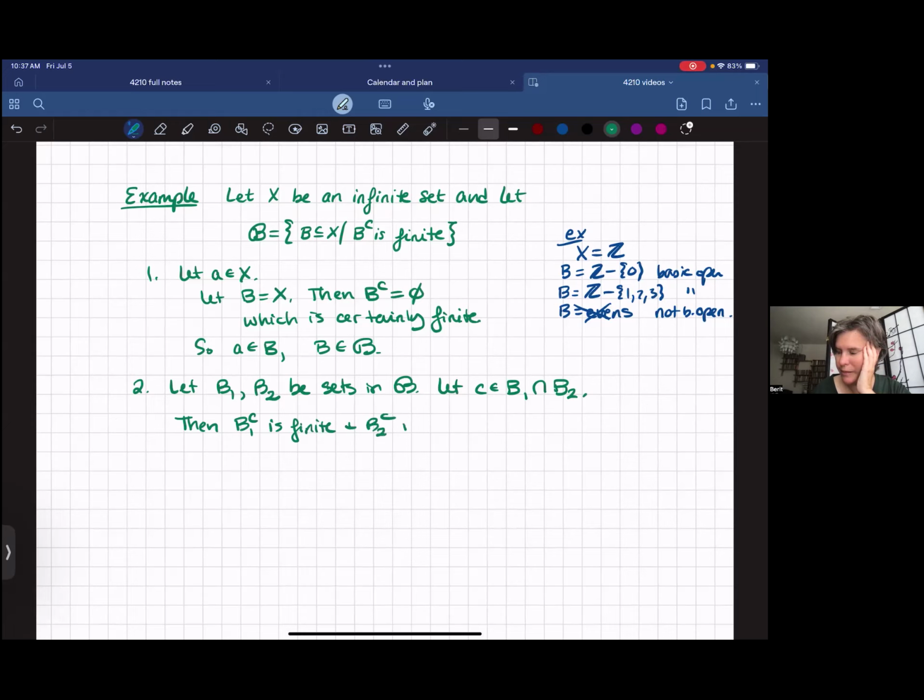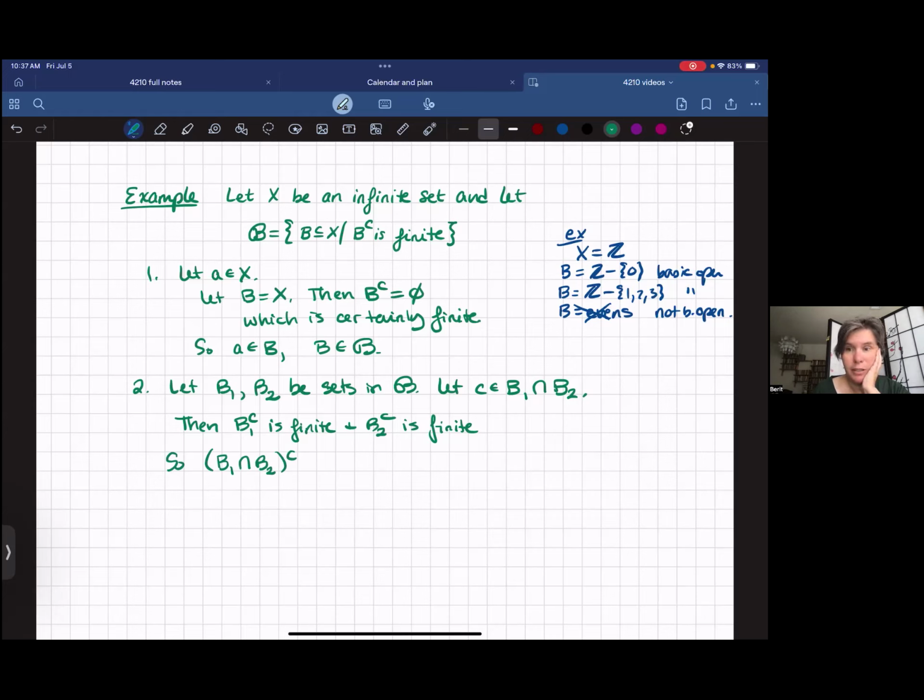And B2 complement is finite. So think about these examples over here. These could be like the two sets. One of them, the complement is just the set {0}, and the other one, the complement is the set {1, 2, 3}. What I want to know is, what does B1 intersect B2 look like? What is the complement of B1 intersect B2?